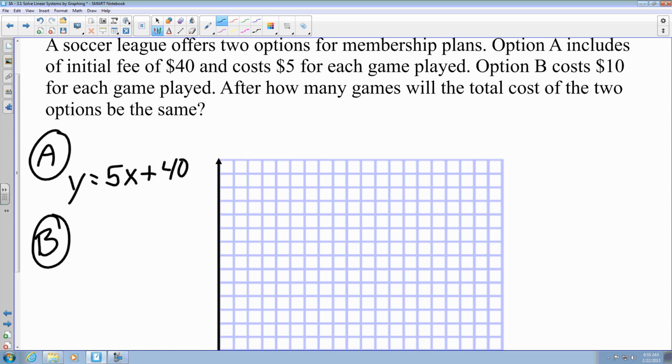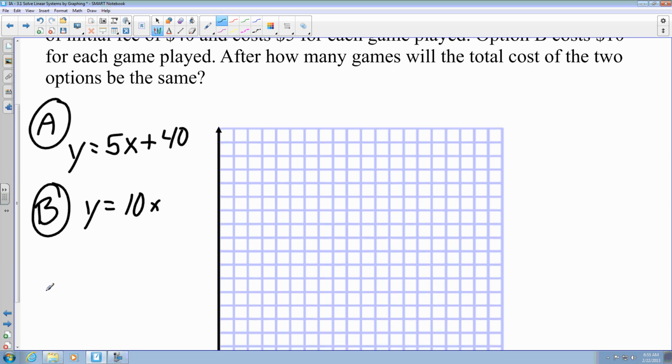Option B has a total cost, but all it is is $10 per game. I don't know how many it is, but there's no initial fee towards it. So x determines how many games are played, and then y is the total cost.